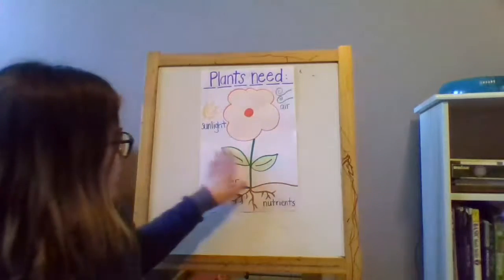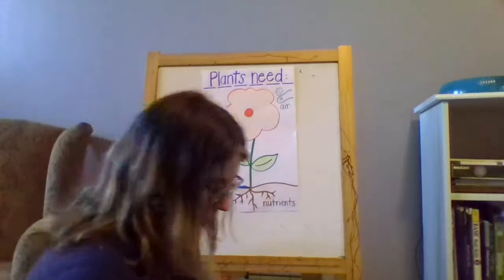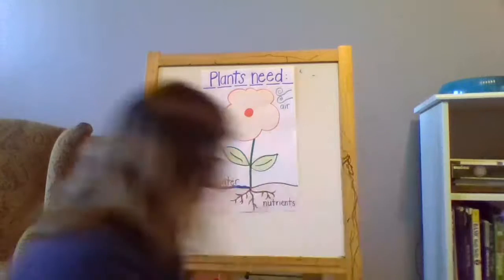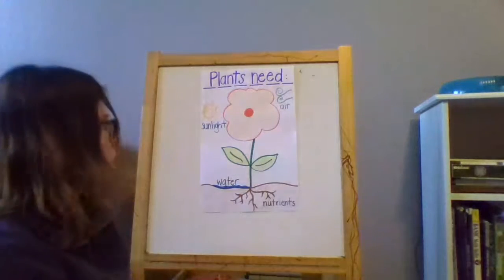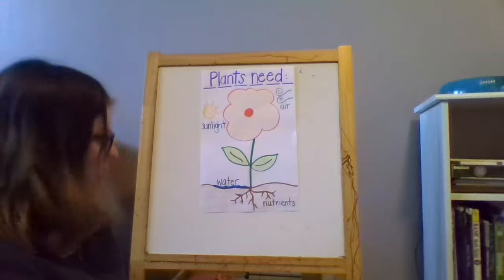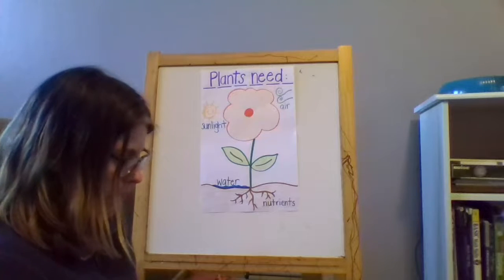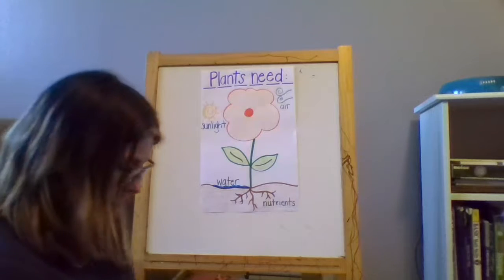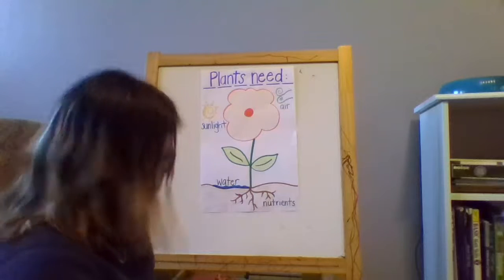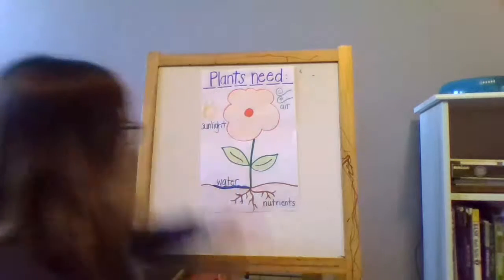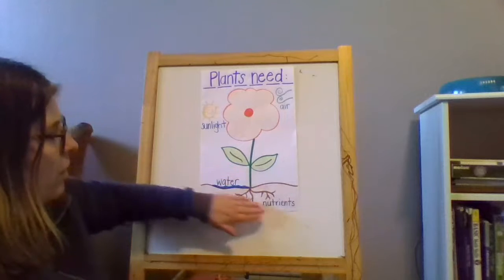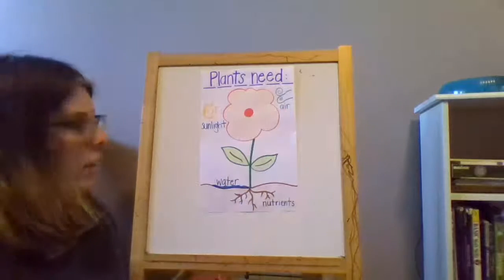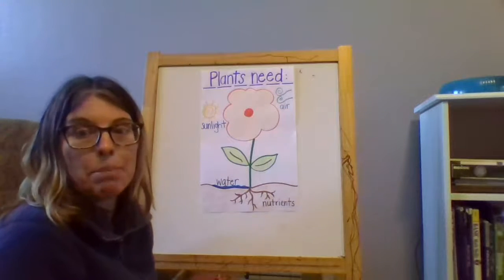And let's see, there's one more thing that plants need. And it's not one that I can easily draw a picture of, so I'm just going to write the word for it. Let's see, I'm going to pick out a nice color that we haven't used yet. Maybe we'll use a reddish color. So plants need sunlight, water, nutrients, air, and the last thing that plants need is space.